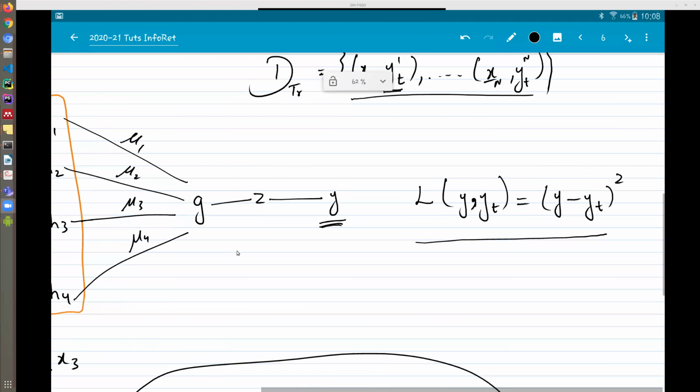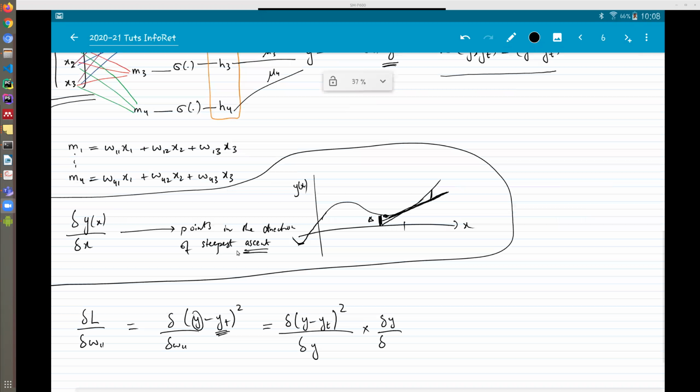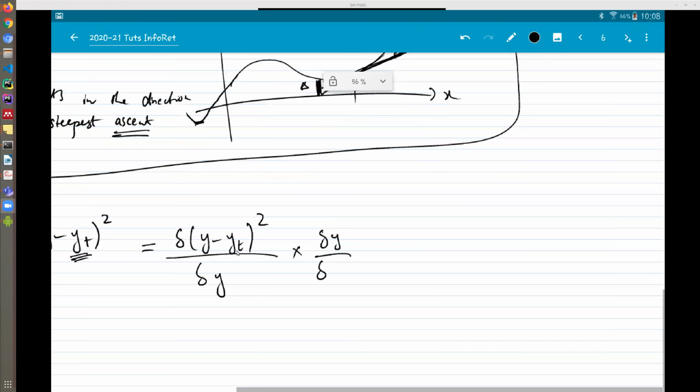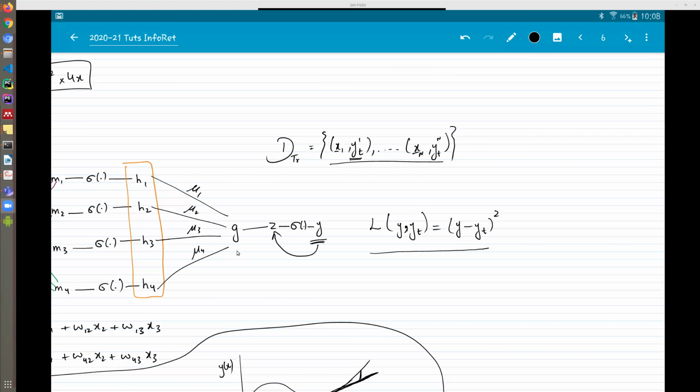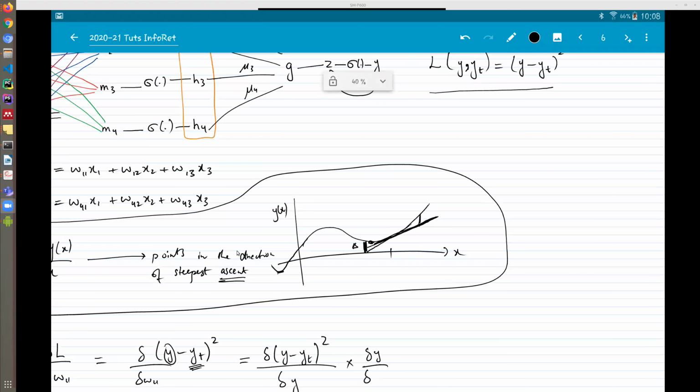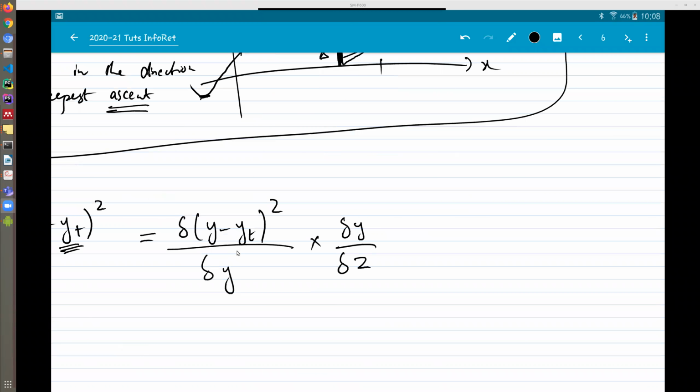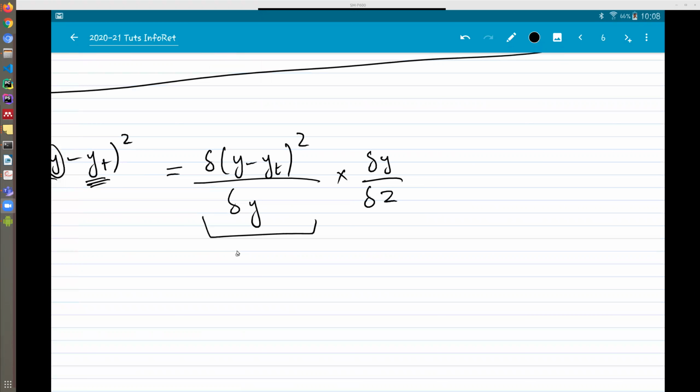I'm sorry, I forgot to add here an activation function. We can add that or not, it's up to us, but just to give you a better picture. So delta of y with respect to the involved variable, that is only z. This thing is, as we know, 2 times (y minus y true).